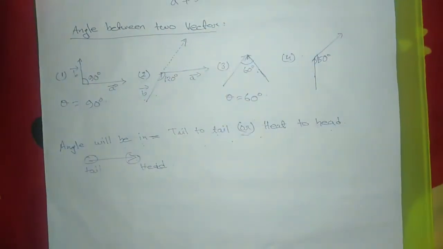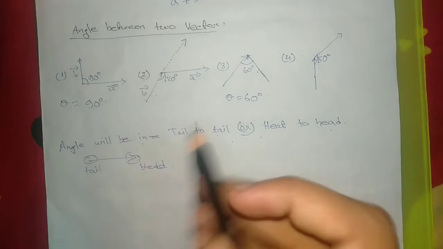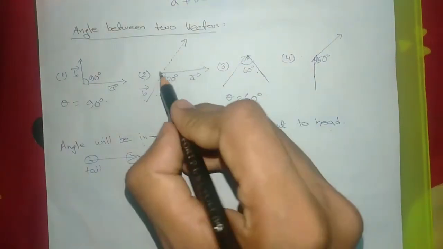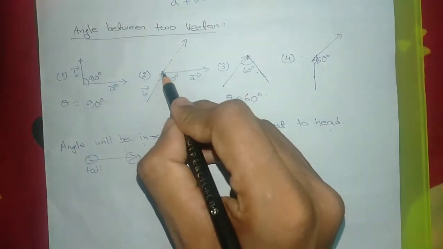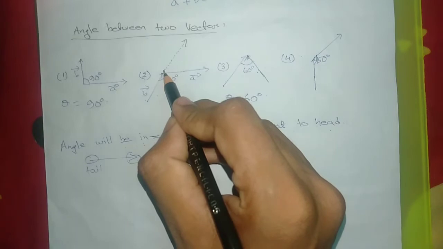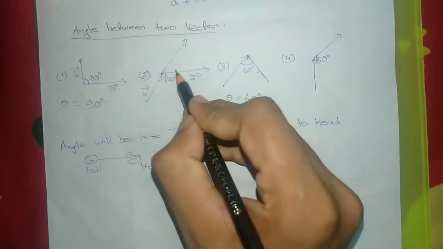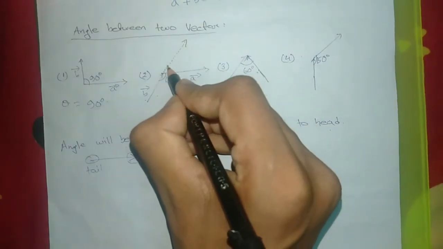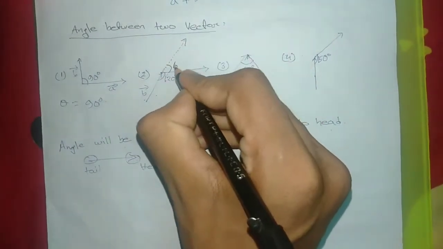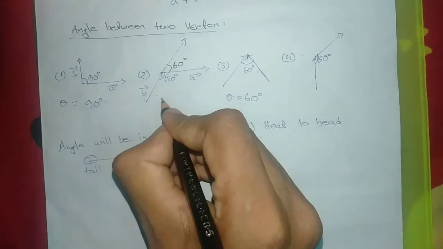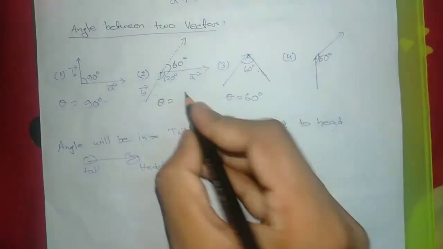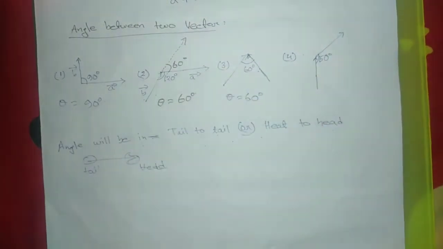Then can you tell, this is the tail part. Now we get two tail parts, that means it is 60 degrees, so the angle will be 60 degrees.